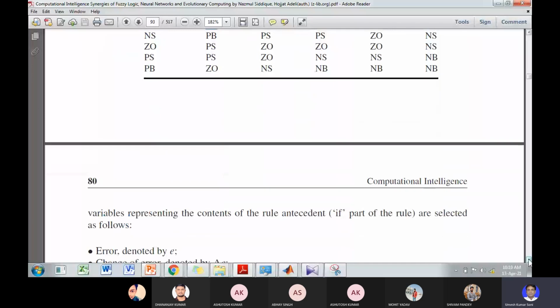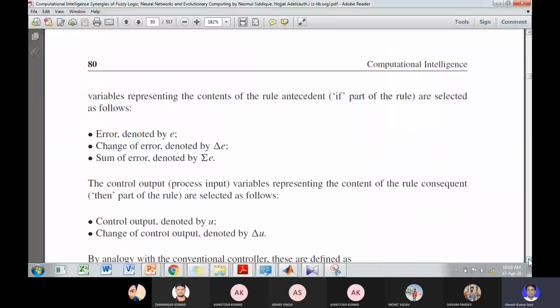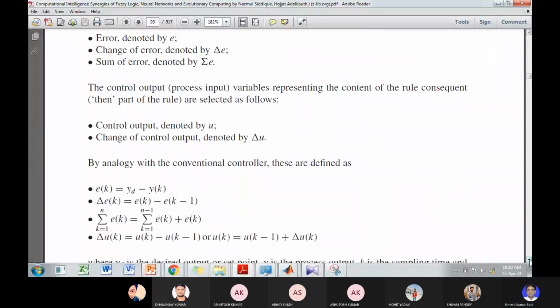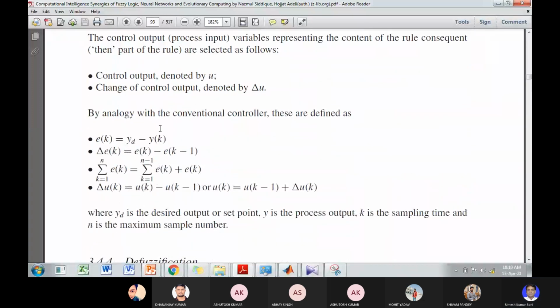Here the error is defined by E. Change of error is denoted by del E, and the sum of error is denoted by sigma. So here you can see that the error is defined by the difference of the individual sample of output at any time.